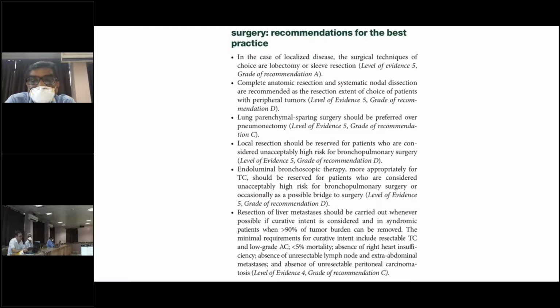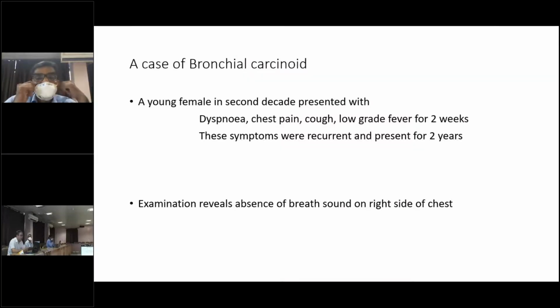So this is the good practice for this kind of tumor.